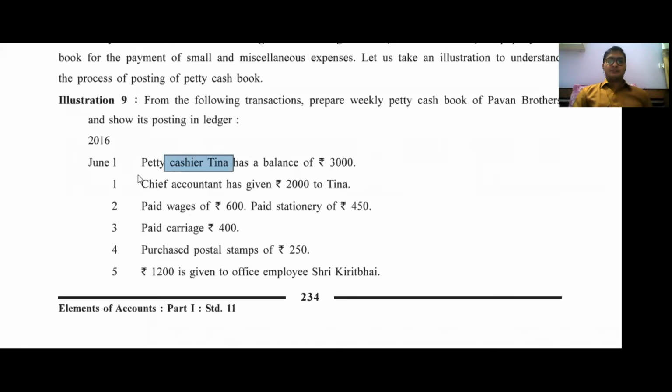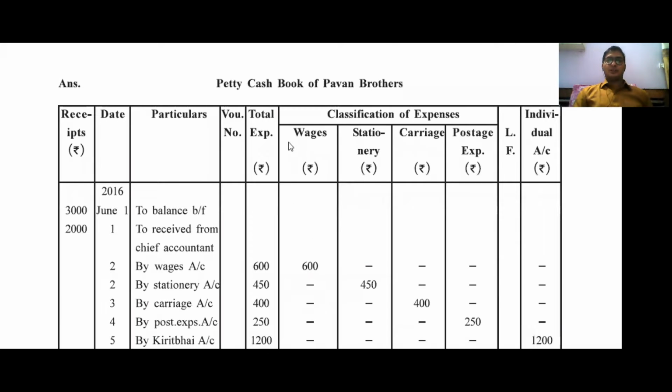Then after the addition to the opening balance come the names of expenses: wages, stationery, carriage, postage and stamps, and ledger accounts, the name of the person. For these expenses we have to prepare a separate column for each: wages, stationery, carriage, postage, and individual account.